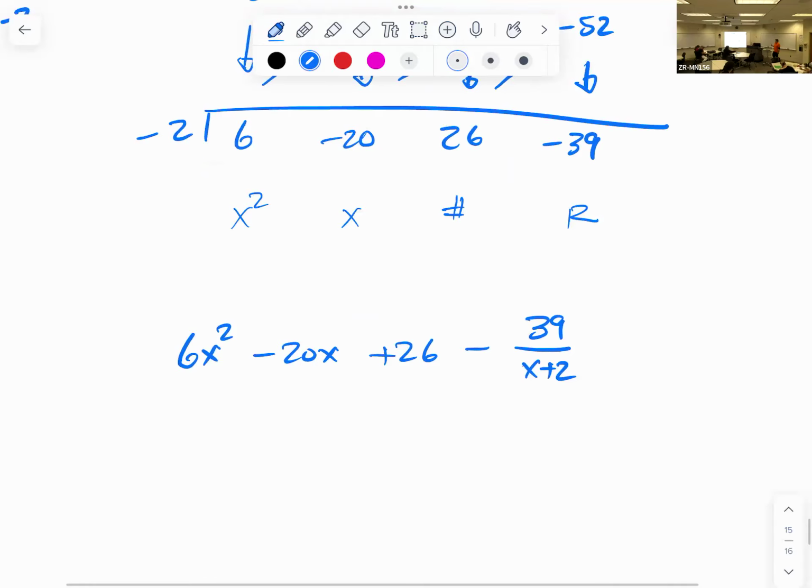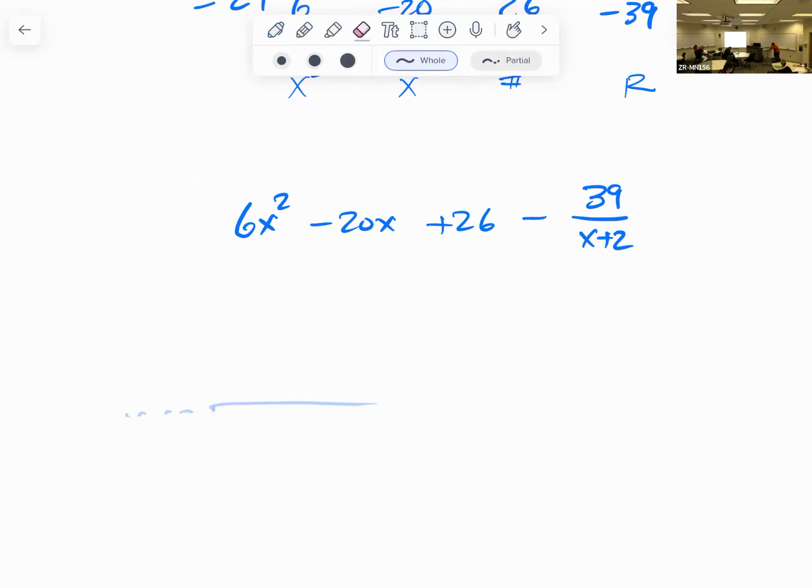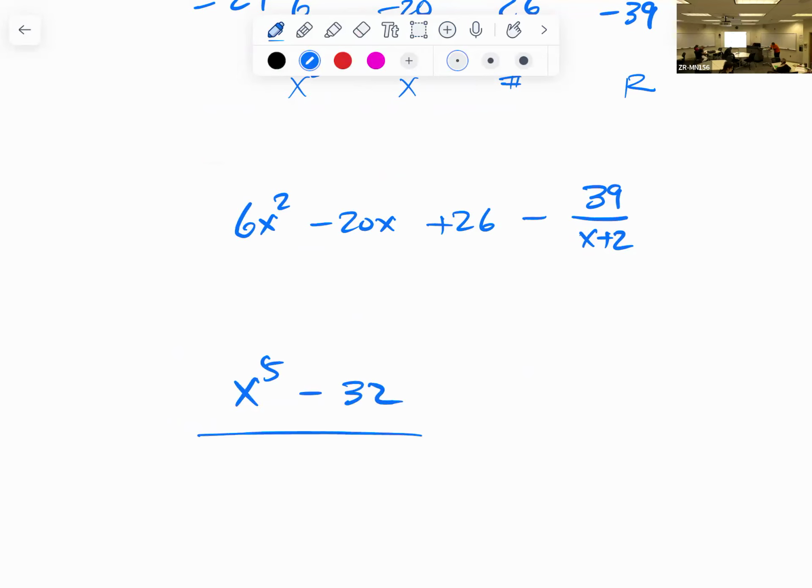This really shines when it's something along the lines of x to the 5th minus 32 all divided by x plus 2. X to the 5th starts becoming a lot of steps.